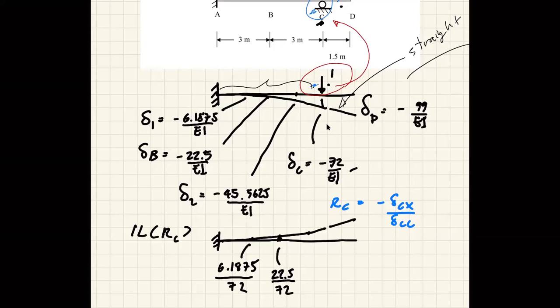Right there, it is going to be 45.56 divided by 72. And at C itself, that's 72 over 72. And right here, that would be 99 over 72.